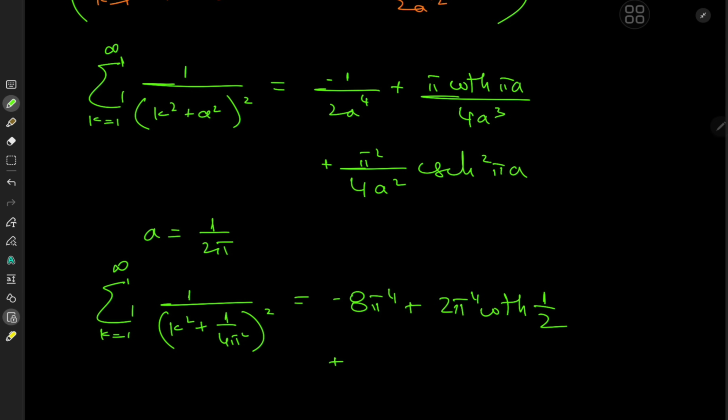Well, cancellation over there, pi squared over pi squared, that's just a 1. So I have the hyperbolic cosecant squared of, wait a minute. Still have to expand using pi squared. Oh yeah, pi to the 4th power of hyperbolic cosecant squared of 1/2. This looks like one hell of a result, doesn't it?